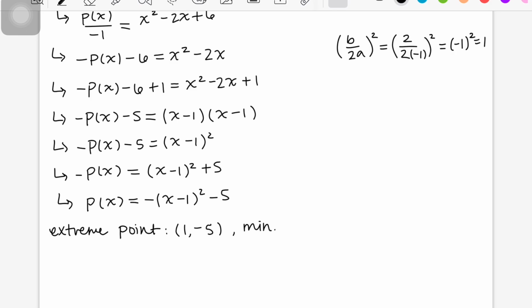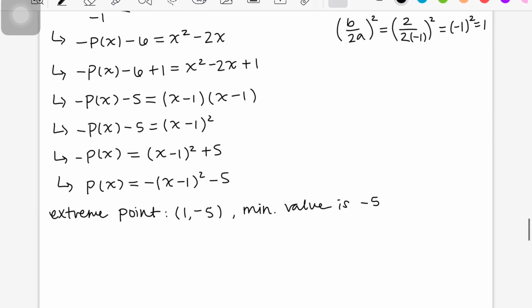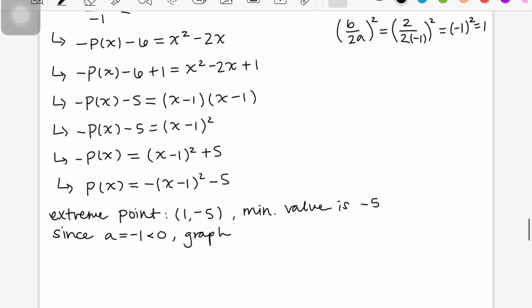So our minimum value is -5. And we also get that just from this point here. You don't have to go back and plug anything in. And then something else to note is that since a is equal to -1, which is less than 0, our graph opens downward.